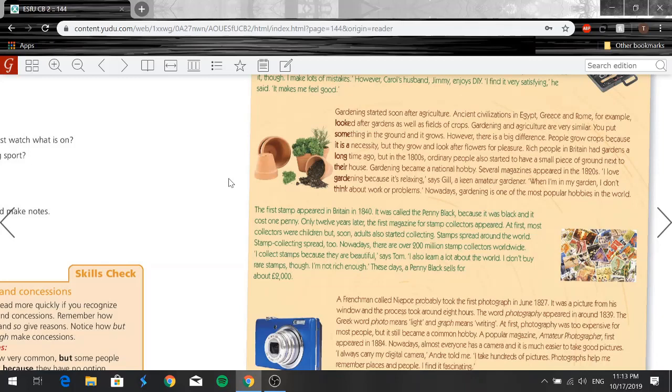Nowadays, there are over 200 million stamp collectors worldwide. I collect stamps because they are beautiful, says Tom. I also learn a lot about the world. I don't buy rare stamps, though. I'm not rich enough. These days, a penny black sells for about £2,000.